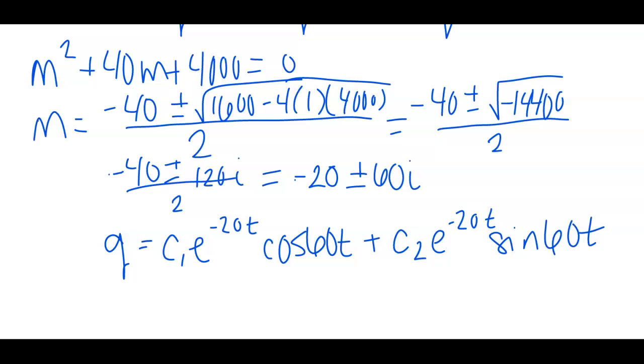Now, in the problem we talked about before where it would just oscillate back and forth completely, remember R was 0 in that case. R is not 0 in this case. R is 40 in this case. And so this is going to end up going down to, if you look at a graph of this, with that negative exponential power, this is going to end up kind of fizzling out over time, okay, kind of like that.